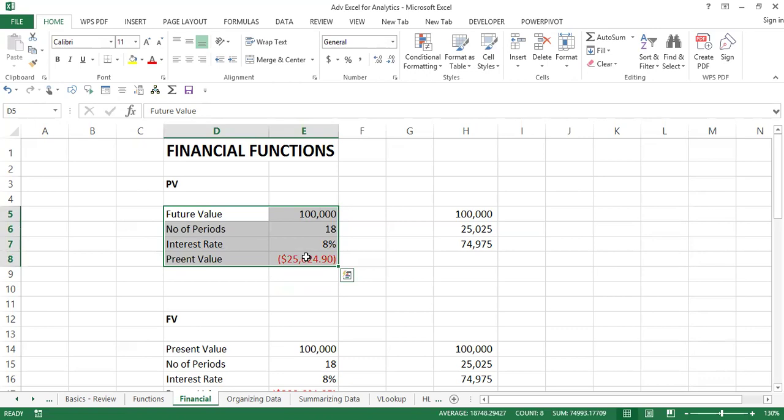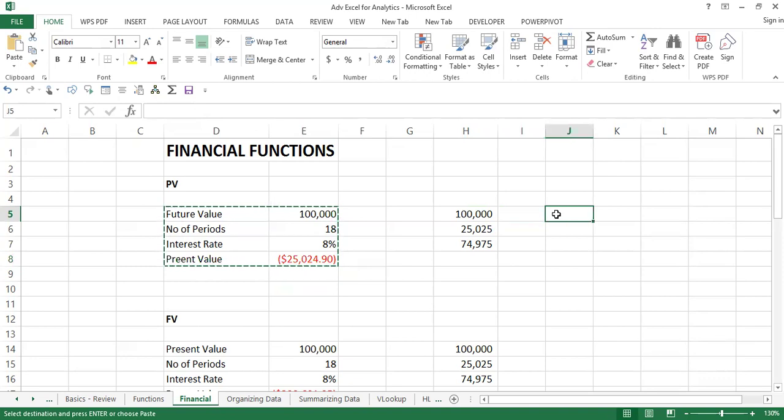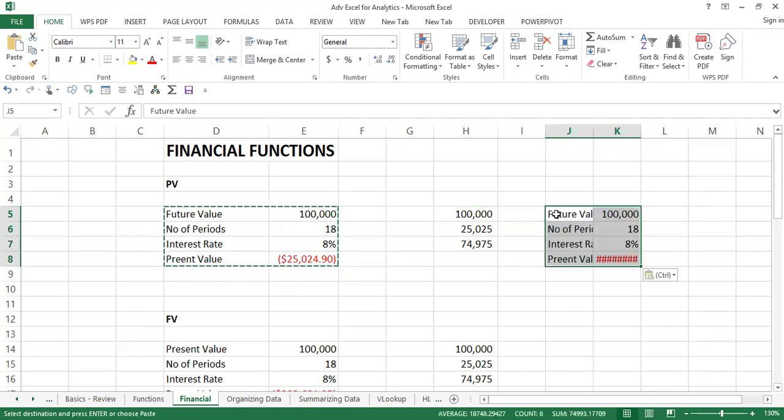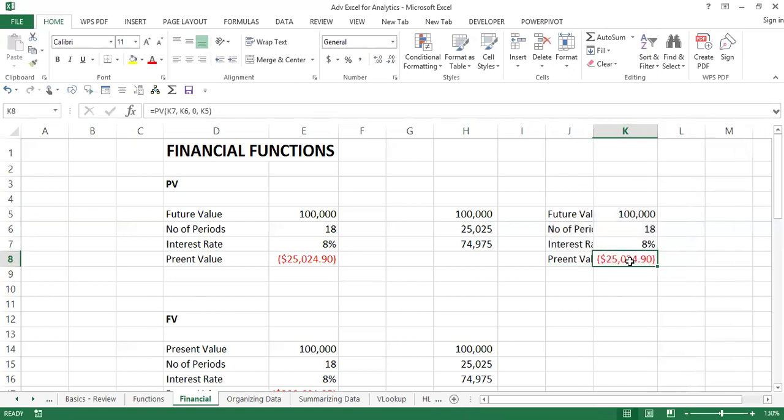But I want you to see something here. Let's make a slight modification. Where I put 0, suppose I have put 5,000 there.